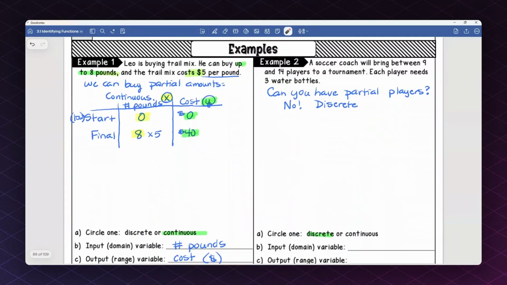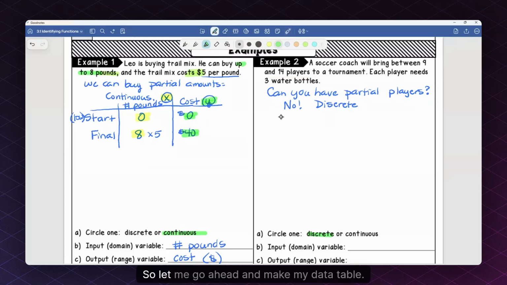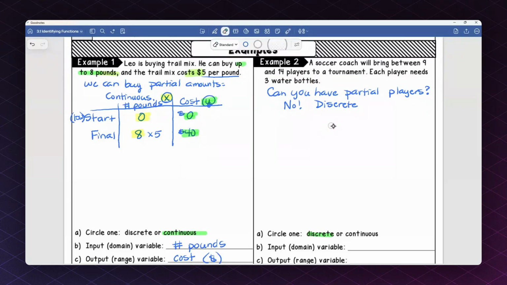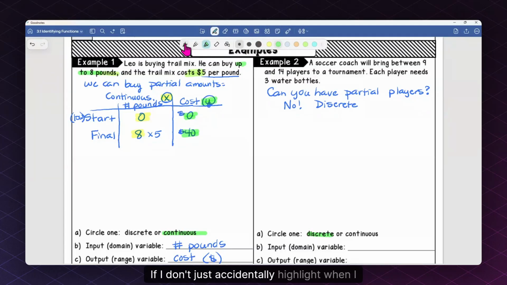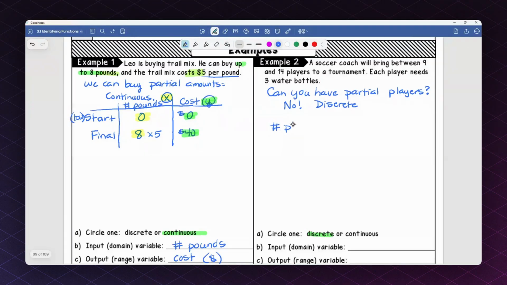Okay, so I can see that I'm going to have between 9 and 14 players. So let me go ahead and make my data table. If I don't just accidentally highlight when I don't mean to, once a class, it's just not a class, right? Okay, so we got our number of players here.